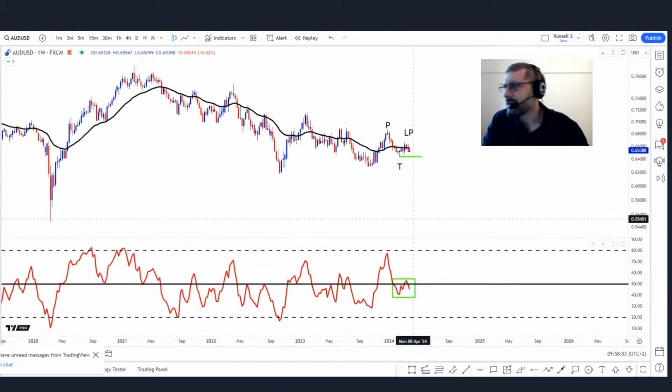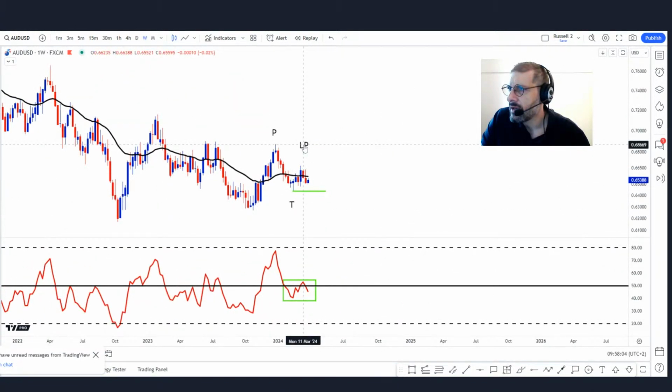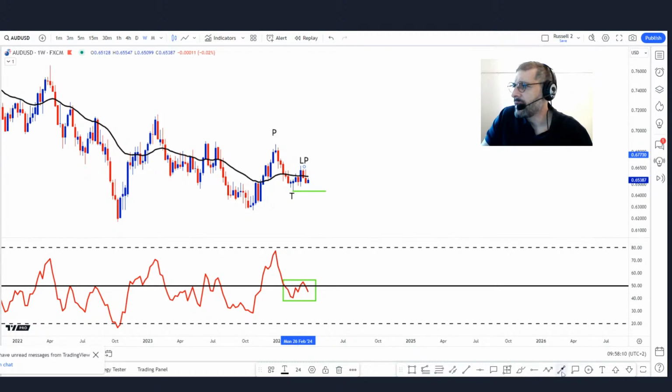Let's go back to the Aussie. Peak, trough, lower peak, and I think that if it drops below that trough, we're going to go into downtrend. You can already see that the weekly RSI is below 50.